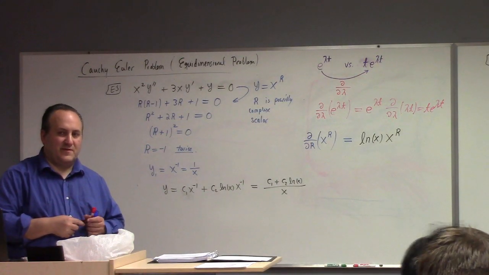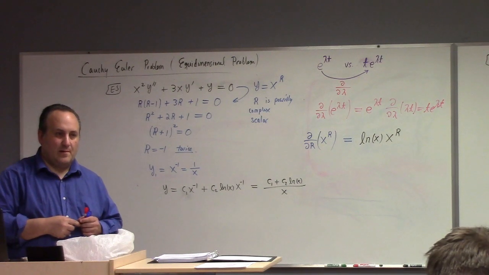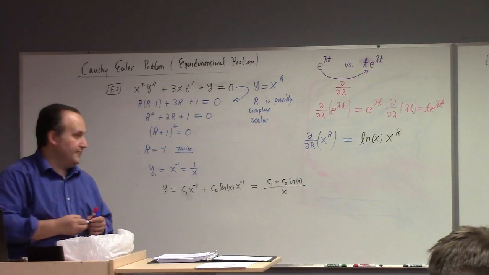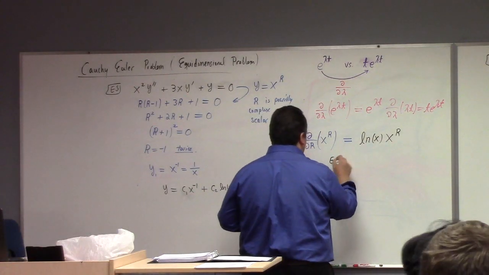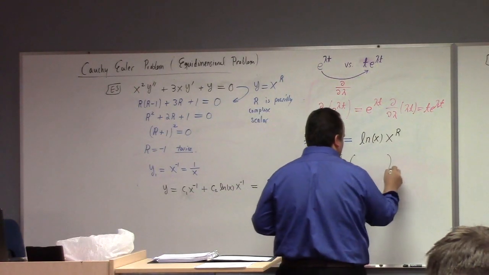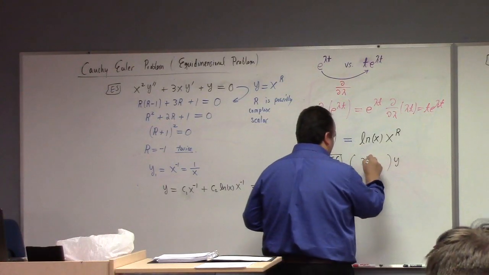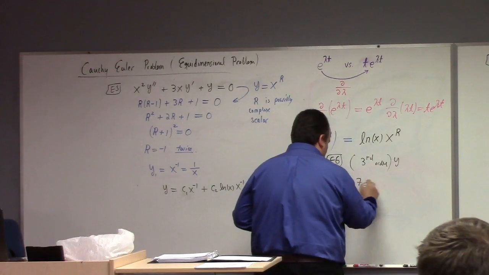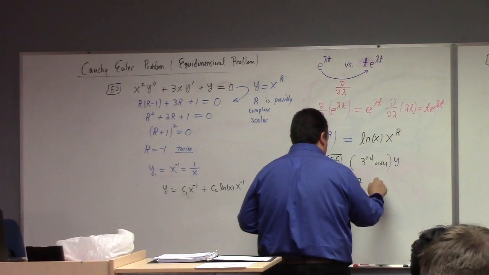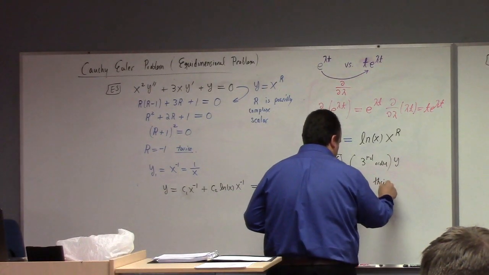What do you do if you have a three-peated solution? Don't make me write down the differential equation because it's a pain. But if you could imagine something here, third order, and it gave you r equals 7, thrice.